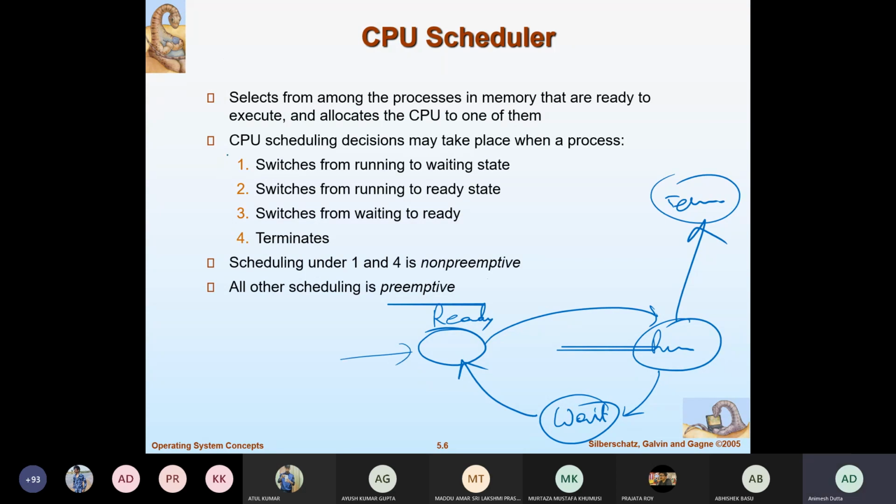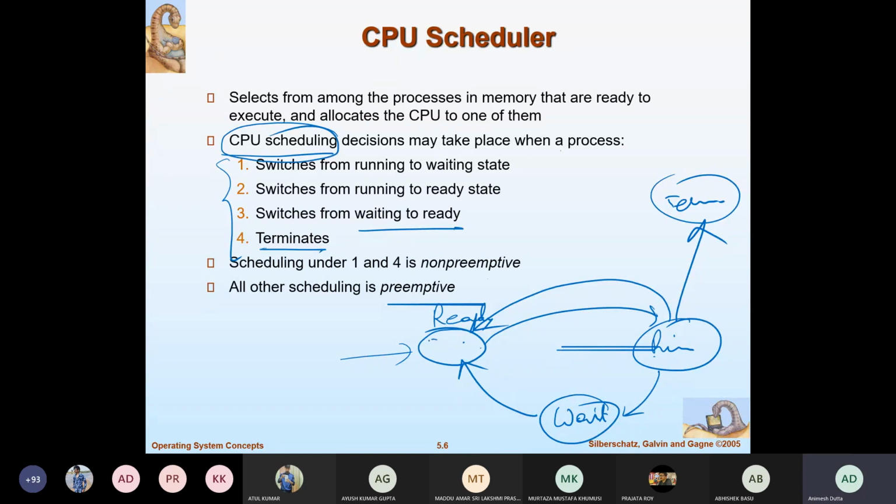So CPU scheduling decision may take place when a process switches from running state to wait state, or even running state to ready state also. So ready state to running state to ready state, and switches from waiting to ready, and terminates. So this decision is being taken by the CPU scheduler.